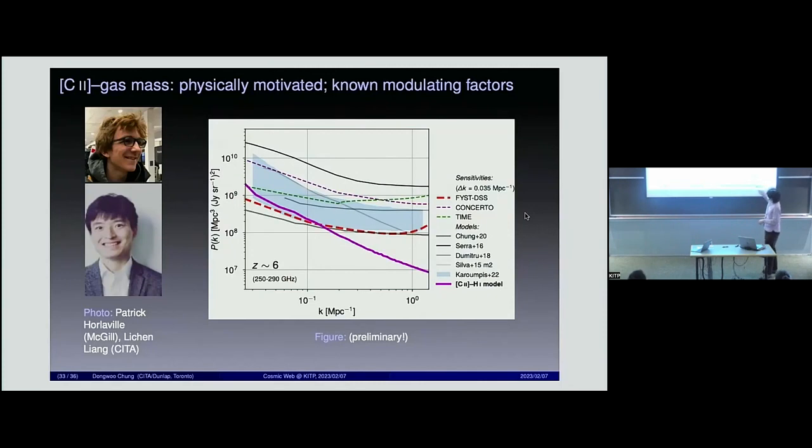We are still playing around with the prescription of stochasticity in our current model, so I definitely wouldn't trust this shape dependence too much, the high k points. But that is also something where we're ultimately hoping to incorporate environmental information to try and better inform these modulating factors for the luminosity in a given halo.